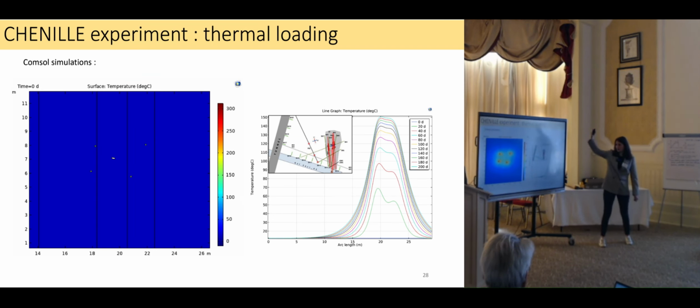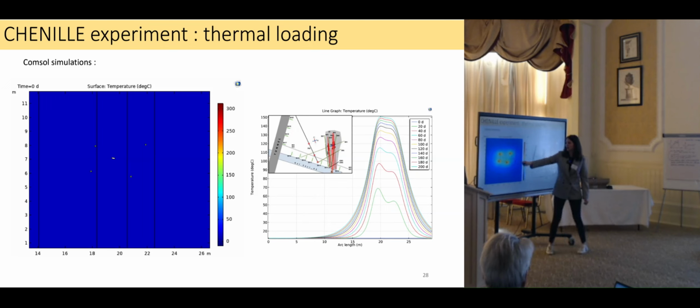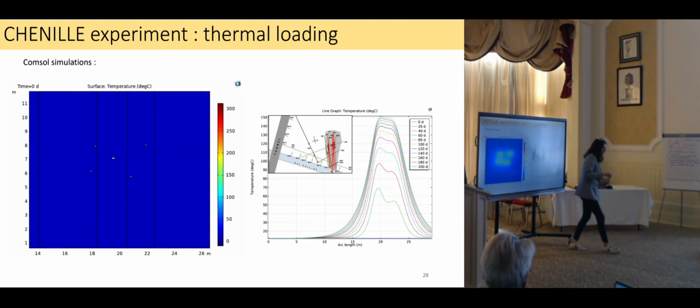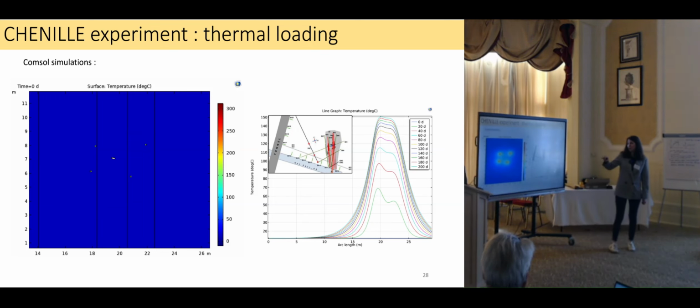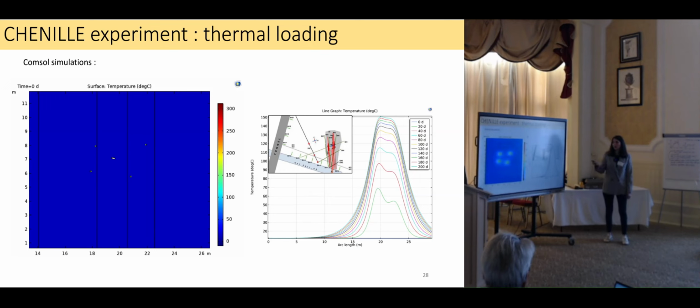So this is a cross section. In the middle you have the injection borehole. The 4 red dots are the heating probes that we installed, and this is the expected heat that we're going to generate. Plans are changing a little bit because we have problems with the heating probes, but initially we were targeting a temperature of more than 100 degrees in order to impose some changes in the mineralogy of clay.